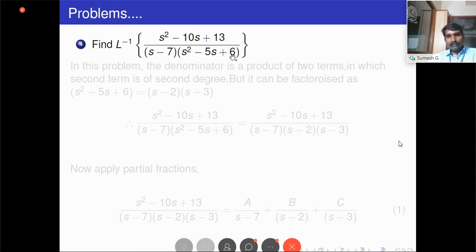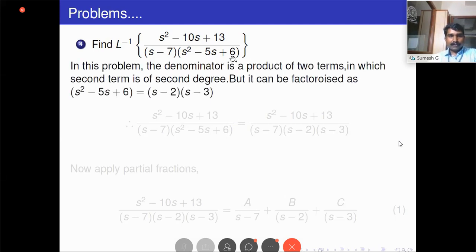It is not of the standard format. The standard format is s square plus a square or s square minus a square. So first we have to check whether the second degree term is factorizable. Here s square minus 5s plus 6 can be factorized as s minus 2 into s minus 3.